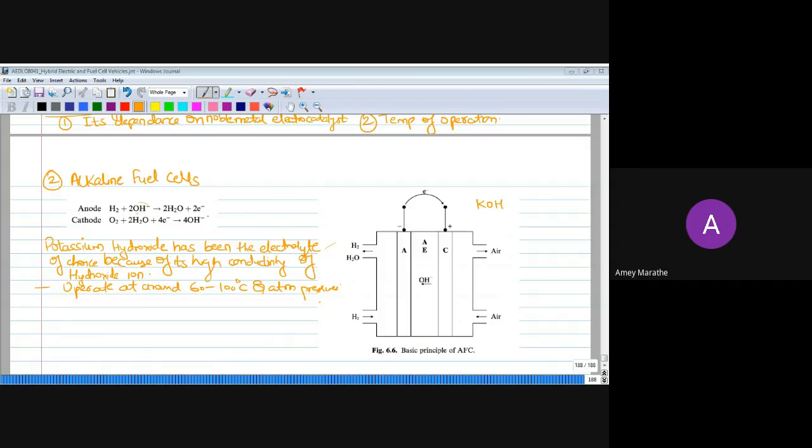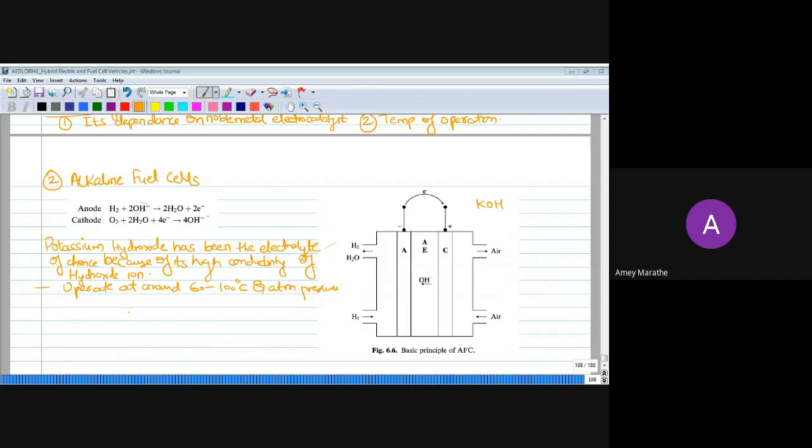Typically, if you compare it with the phosphoric acid fuel cell, the alkaline fuel cell is more attractive for EV application because the cost is lower by almost 5 times.